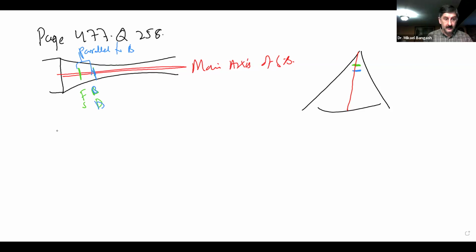The answer would have been perpendicular if they had asked about lateral resolution. Although I don't like this wording here, it's going to be parallel to the beam's main axis.